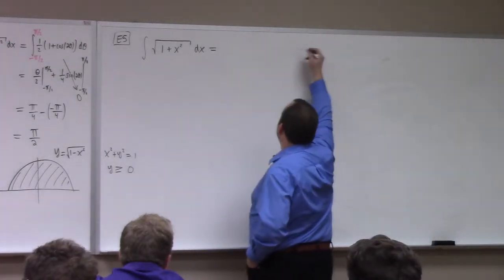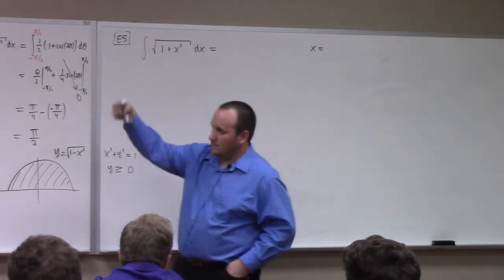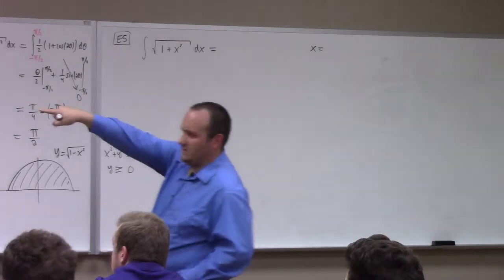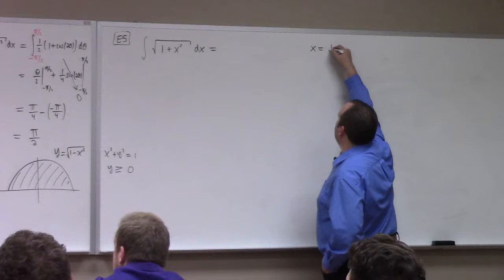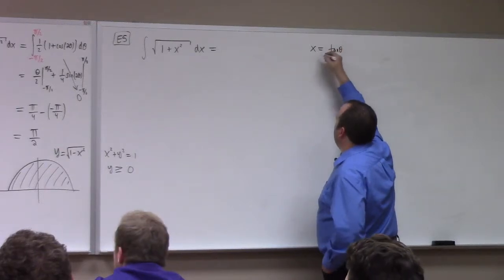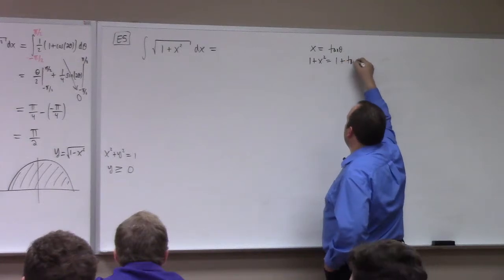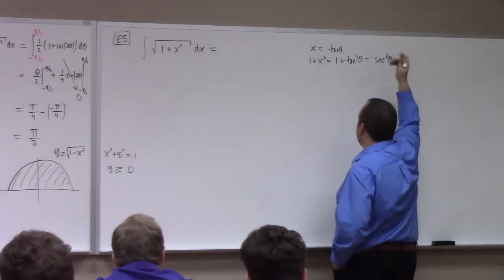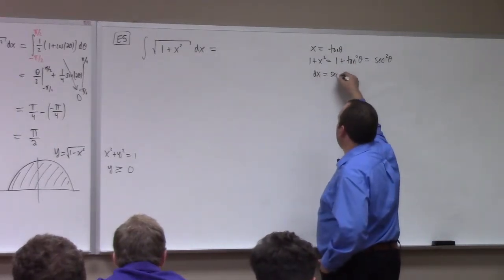I would say x equals tangent, right? This is a tangent substitution. If we do trig substitution, I do x equals tangent theta. So 1 plus x squared is equal to 1 plus tangent squared theta, also known as secant squared theta. Now my dx is secant squared theta d theta.